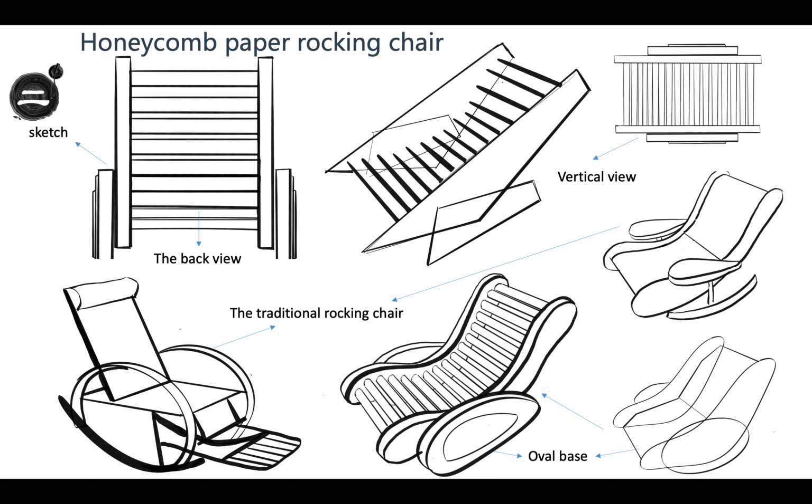In the middle of the back and seat is a cylindrical paper shell, and the circular curvature can make people feel comfortable. And the chair's edge lines are wrapped in rubber, which reduces the wear and tear on the chair.